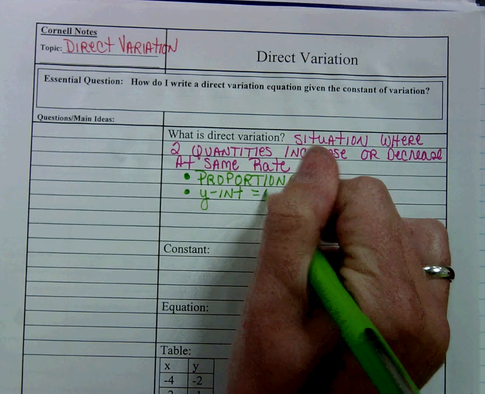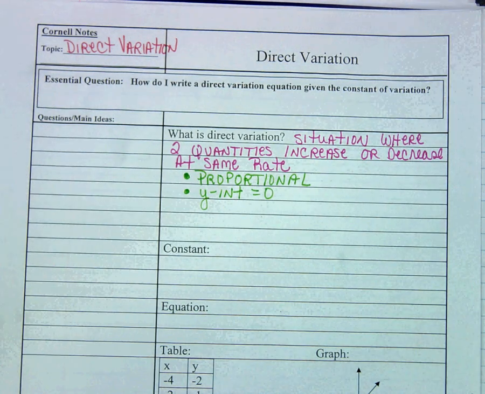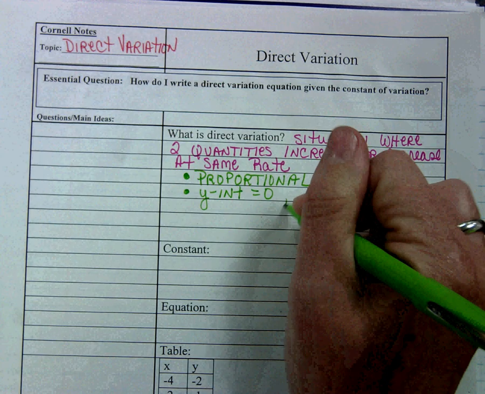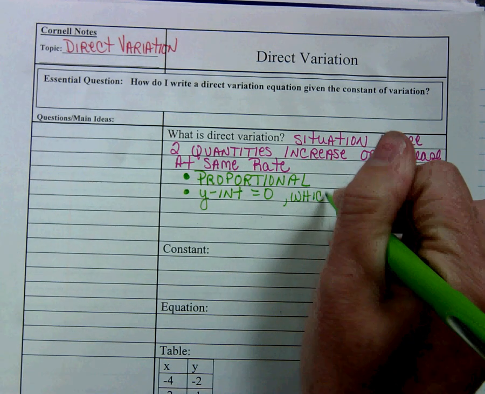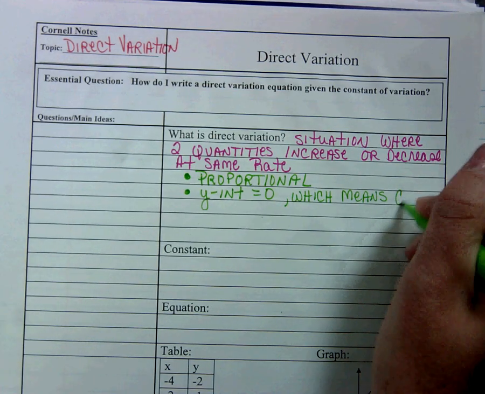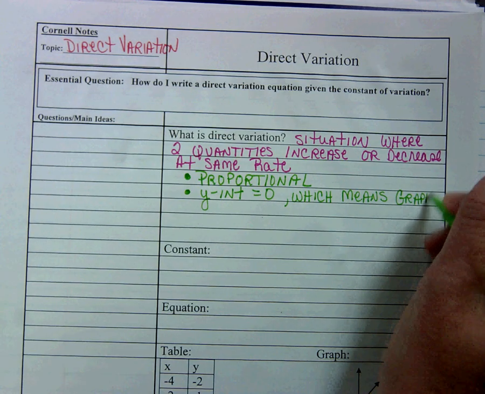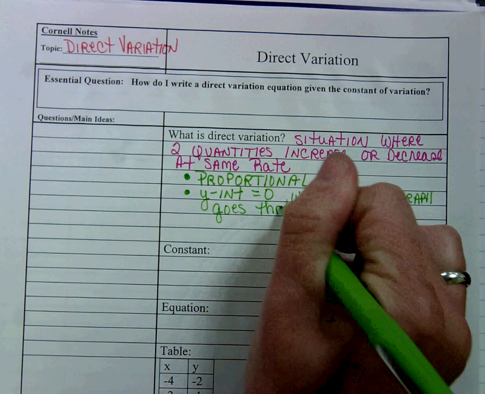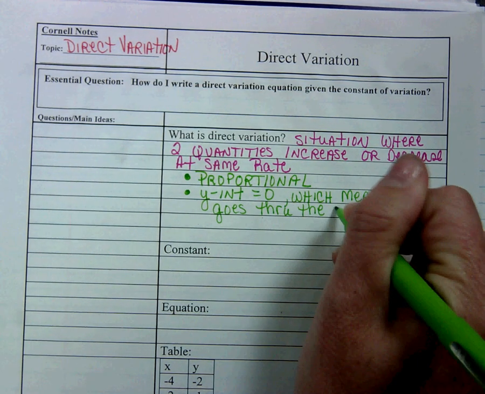So it's the same thing with a direct variation equation. The y-intercept is going to equal 0, which means, if we look at it graphically, the graph goes through the origin. Okay, so some things to look at.